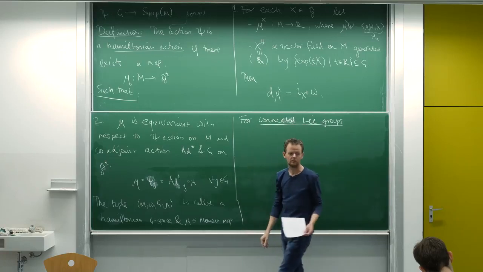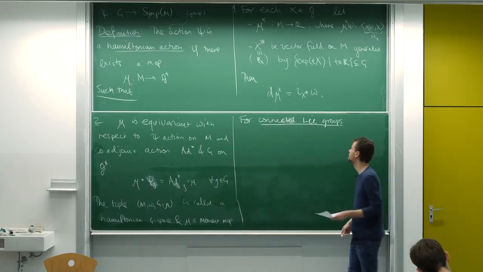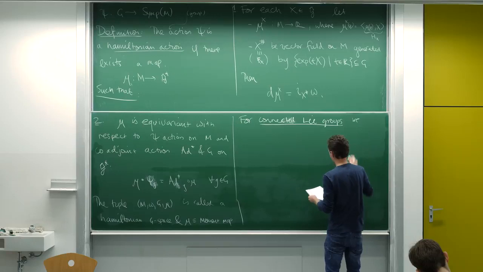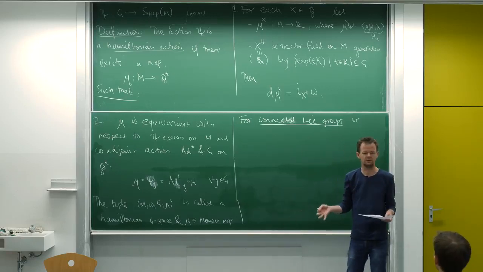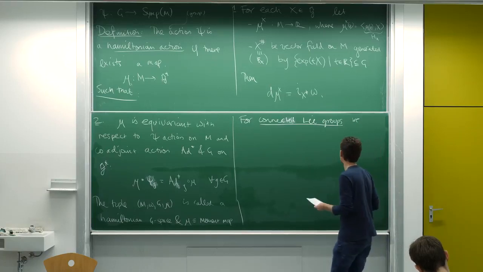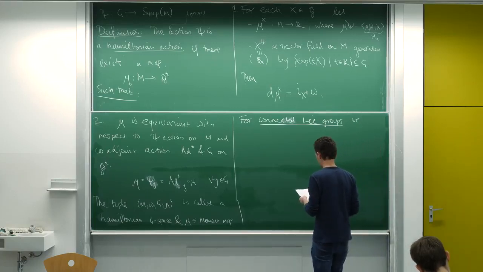So for connected Lie groups, we get an equivalent definition. And that's the one that is most closely related to how I introduced this topic at the beginning of the lecture.